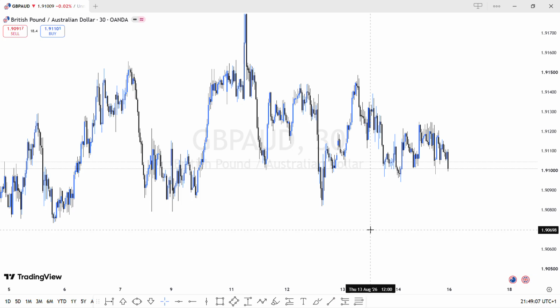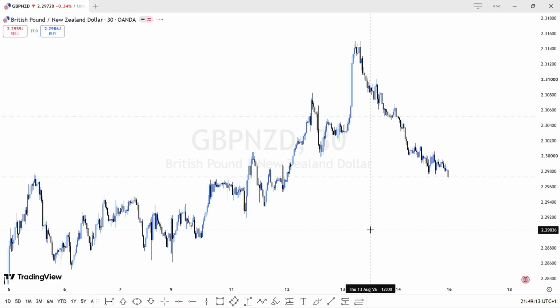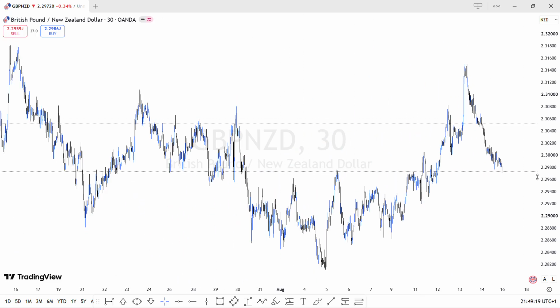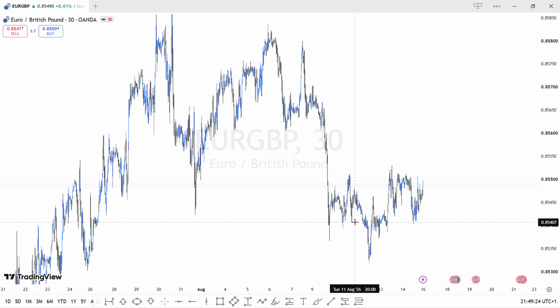So currently, I'm not seeing anything on GBP AUD. And on GBP NZD, I'm not seeing anything at all. So I'll hold myself back from trading this pair.